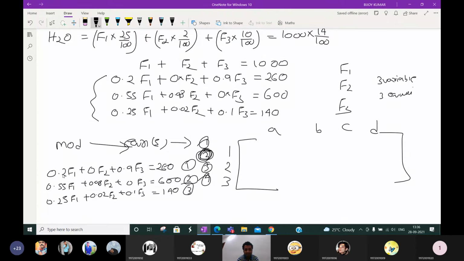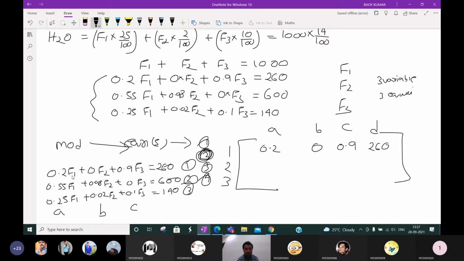And the coefficient of variable F1 represents A, for F2 that will represent B, and for F3 that will represent C. Then we will put them in one by one. In the first equation, A is 0.2, B is 0, C is 0.9 and D is 260.